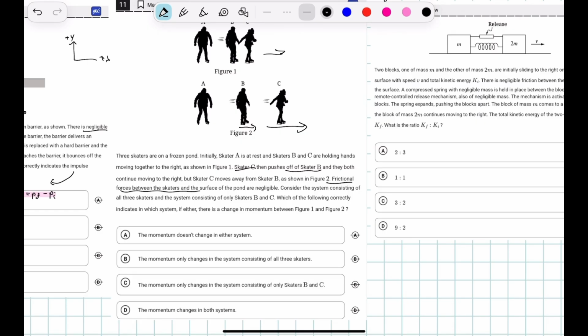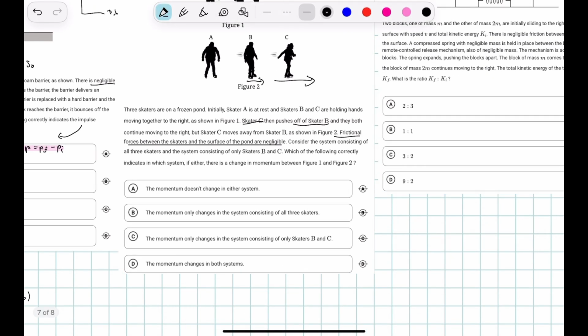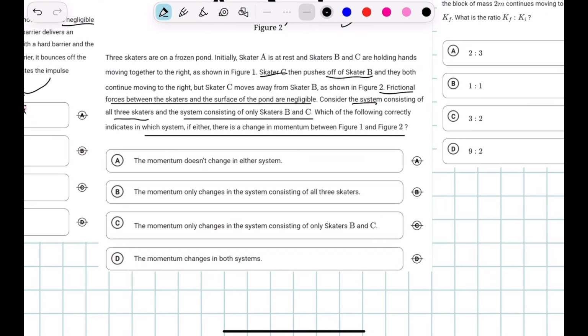Frictional forces are negligible. Consider the system consisting of the three skaters and the system consisting of only skaters B and C. Which of the following correctly indicates which system, if either, has a change in momentum between figure 1 and figure 2?